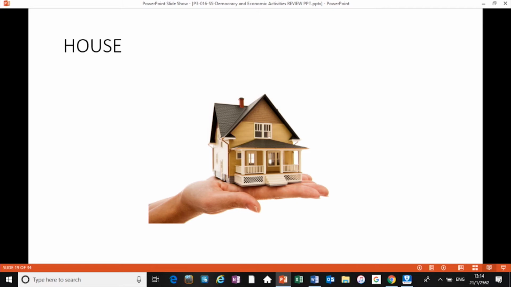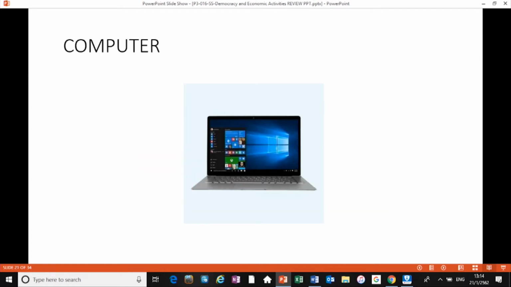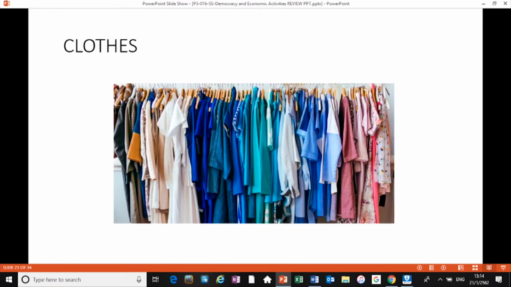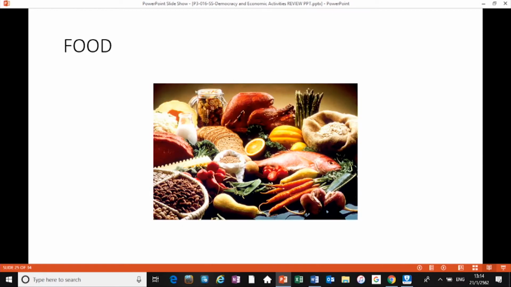House. Car. Computer. Cell phone, or mobile phone. Clothes. Toys. Food.